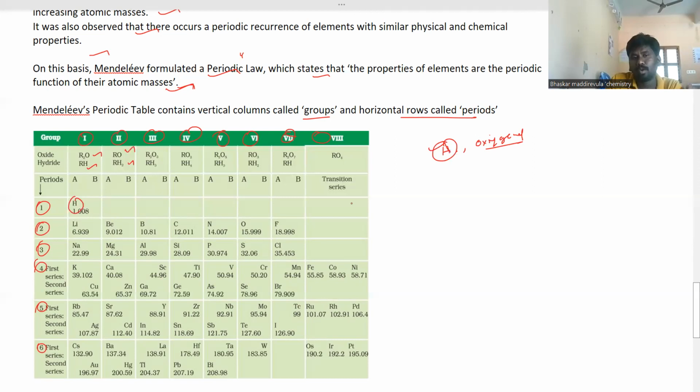He kept them in one group. He arranged the elements in the increasing order of atomic masses, and at the same time he kept the elements which show similar chemical properties toward hydrogen and oxygen under the same group. Like that, he arranged the elements in vertical columns and horizontal rows.